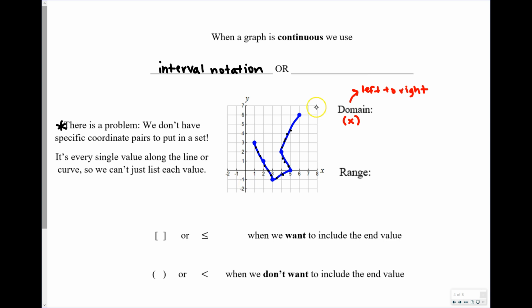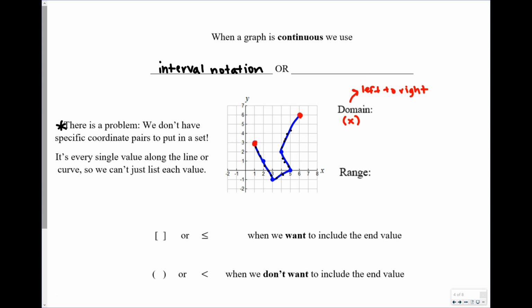I take my hands and I do like this with my hands. I'm looking for the farthest left point and the farthest right point. And when I look at this graph, this guy right here is my farthest left point, and this guy right here is my farthest right point. So I've determined that those are my left and my right points.